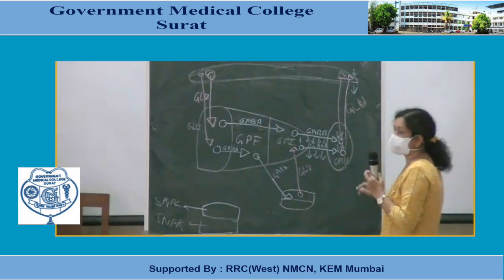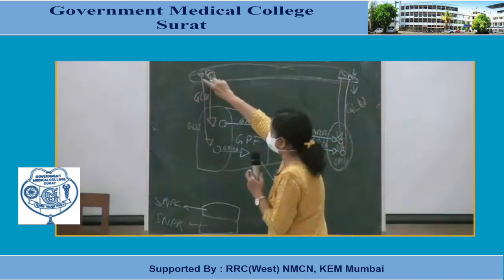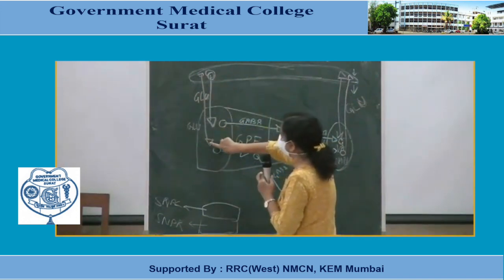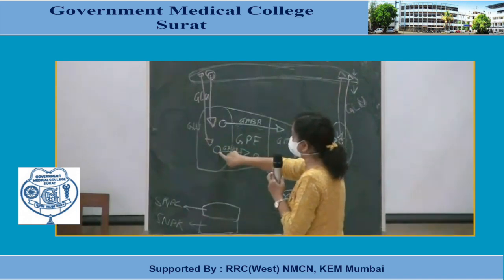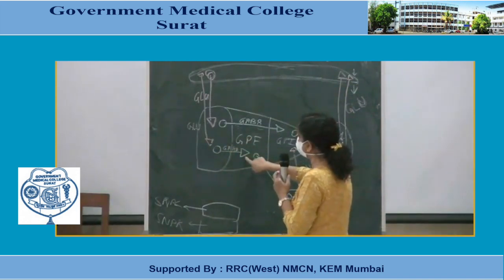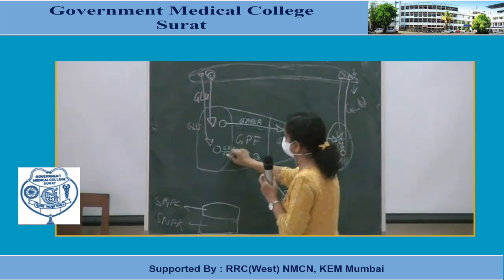It is inhibiting the cortex. Now, I will repeat this outflow. In the indirect pathway, the glutaminergic fibers stimulate the GABAergic fibers which are terminating in the globus pallidus externus. So the GABA secretion from these fibers is increased.